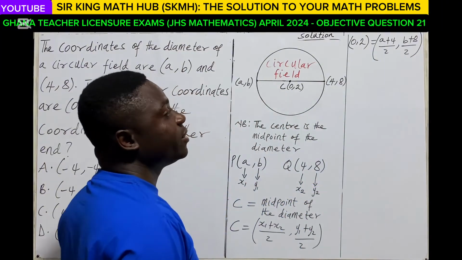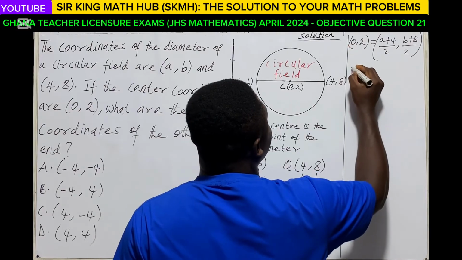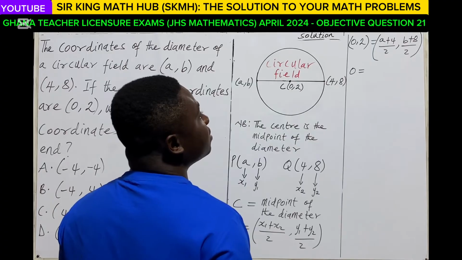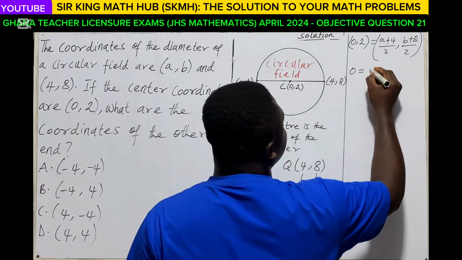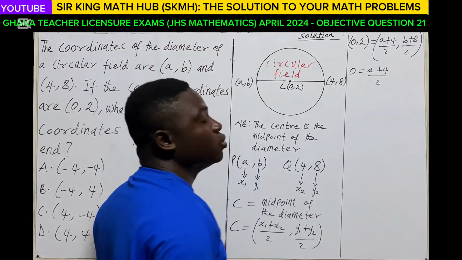By comparing, you will see that the x coordinate of the center is 0, then the x coordinate of the midpoint here is a plus 4 over 2.